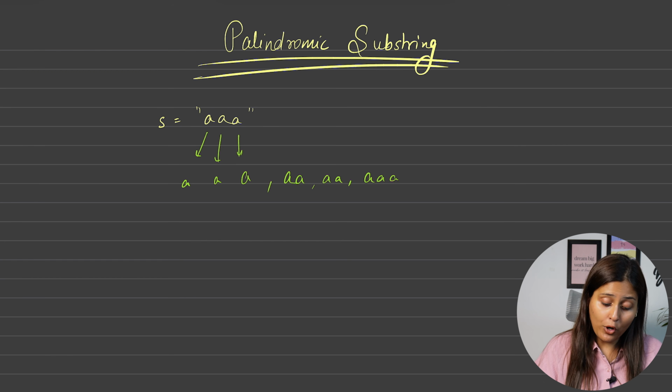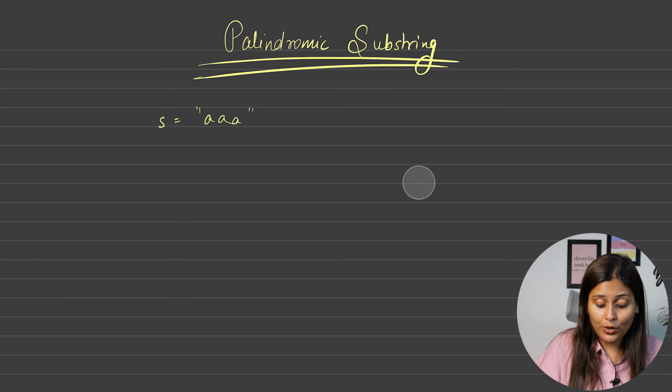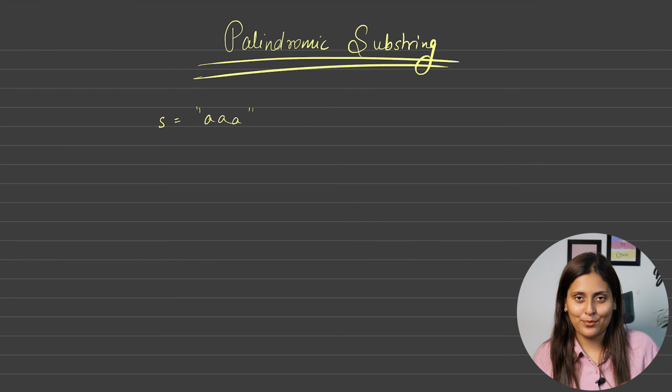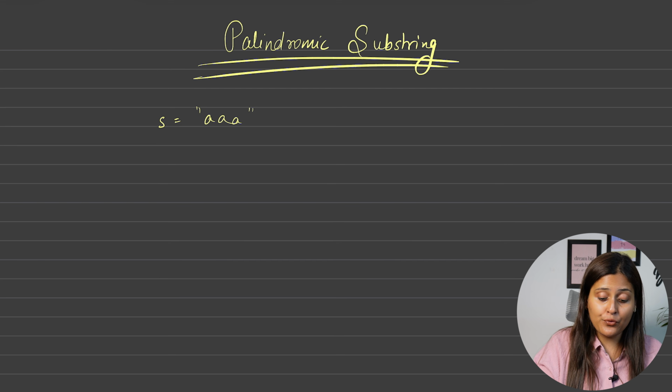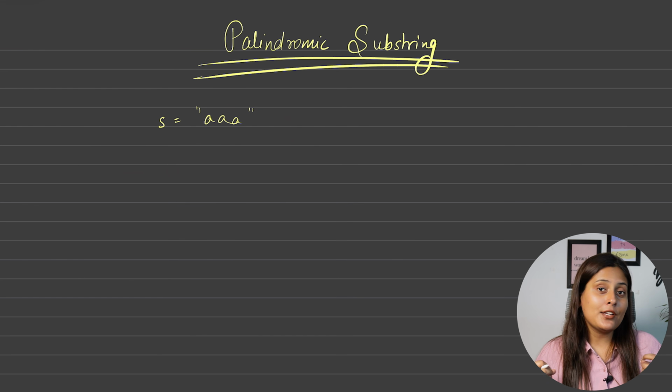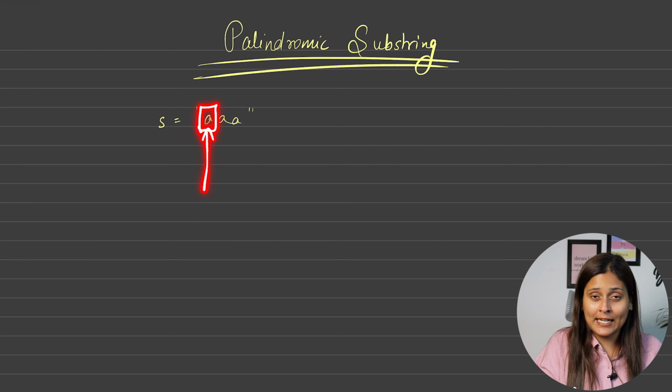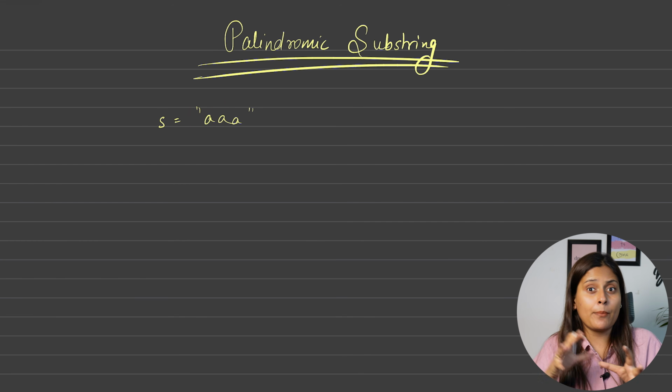So if you are following my playlist one by one, then you know that we have solved a similar question earlier, which is longest palindromic substring. There we had to find the longest valid substring out of all the substrings in the string, and here we have to count all such. Earlier we were sending all substrings to the function and checking if it is a palindrome or not.